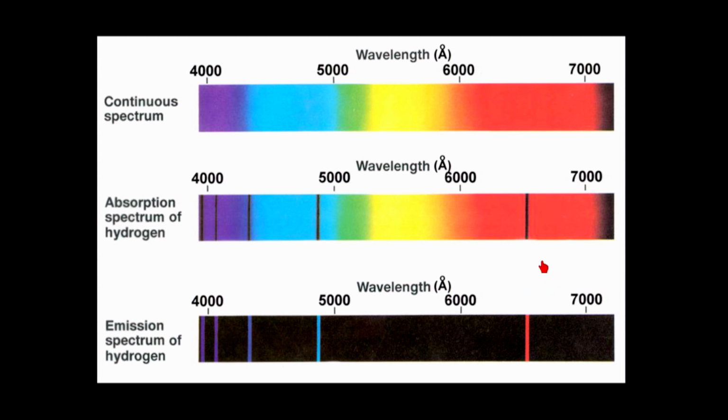So something is happening in this situation that forces the colors to be removed, and something is happening in this situation that forces those same colors to be given off. So the pattern for hydrogen is the same. It's just whether it's a dark line pattern or a bright line pattern, but it's still the same fingerprint. So when we look at the surface of the sun, we are looking at an absorption line spectrum, but the patterns of all the elements can still be identified, even though it's a dark line pattern as opposed to a bright line pattern.